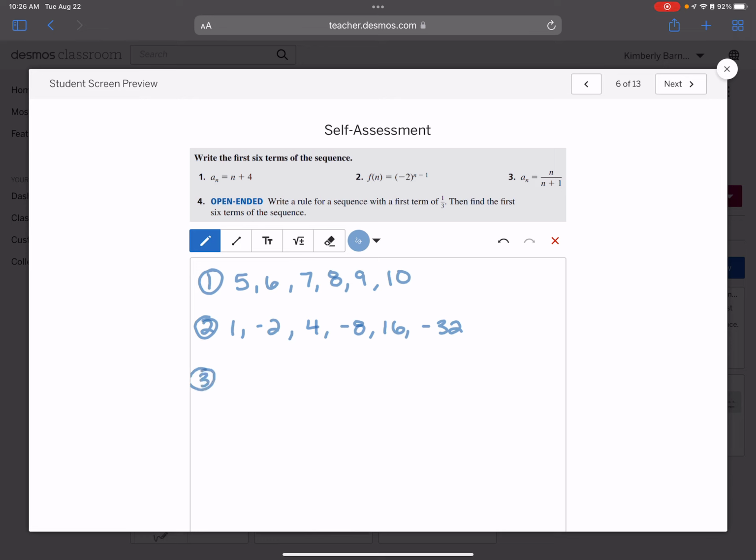And then finally, number 3, your answer should have been 1/2, 2/3, 3/4, 4/5, 5/6, and 6/7. Number 4, your answers would vary.